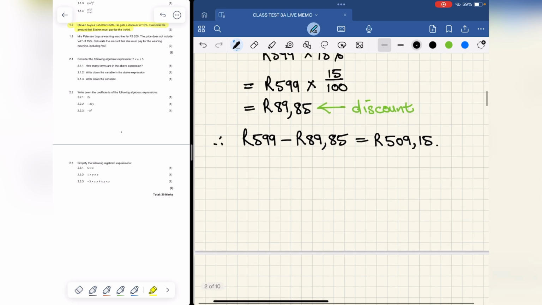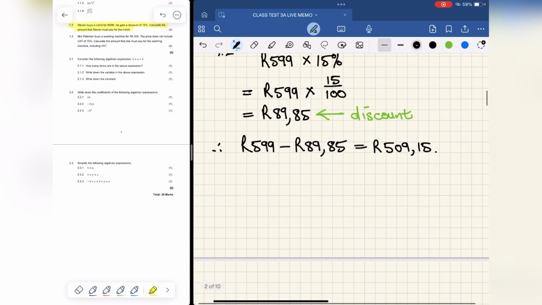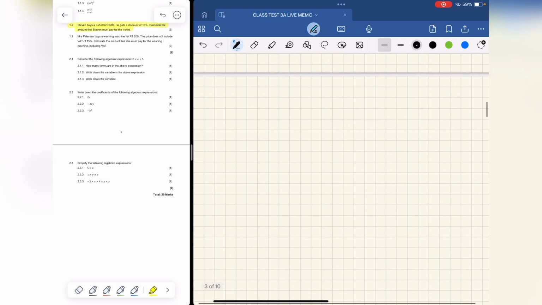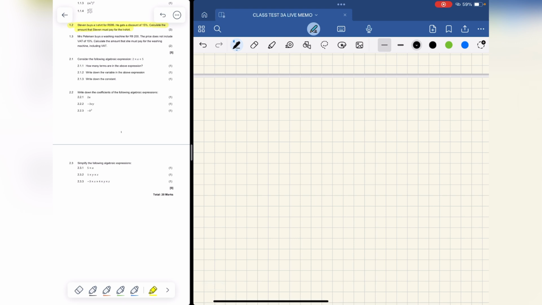There is a different way we could calculate this, just an alternative way. So if I'm getting 15% discount, it means that my full price of the t-shirt is 599 Rand. So 100% of this price is, of course, 599 Rand. In other words, 599 Rand is 100%.